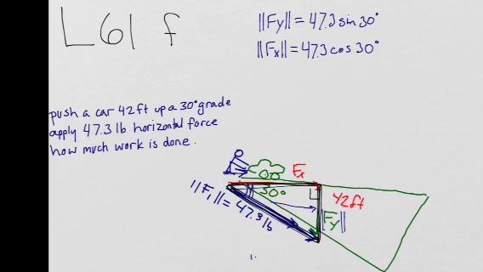And so that's the cosine, the adjacent side over the hypotenuse. Okay, so we can calculate that out. We'll get our calculator here and get that done.